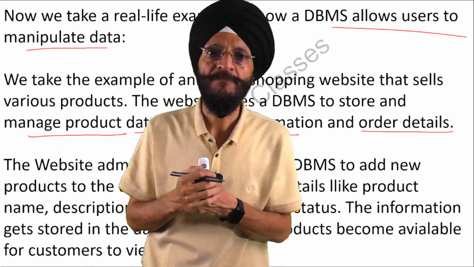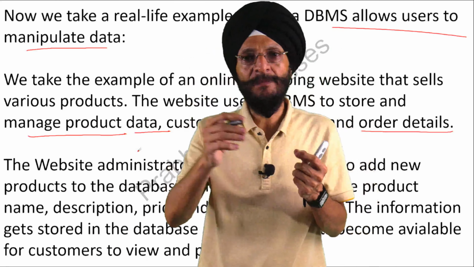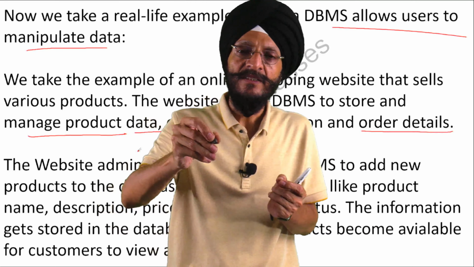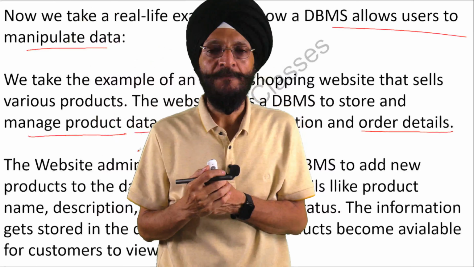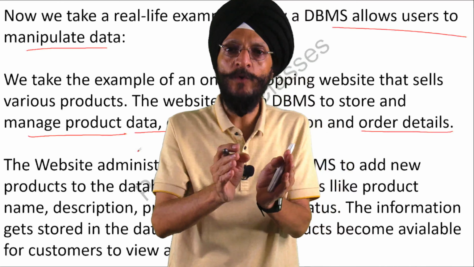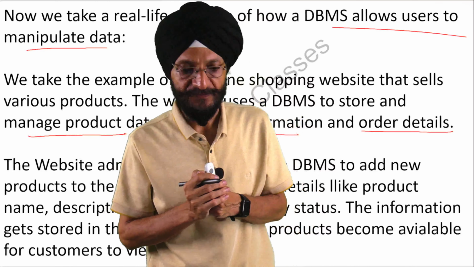For example, there is an online store. Can all the persons working in the organization make changes about the number of products available online? No. Only some of the employees of the organization are allowed to make changes in respect of the product details.